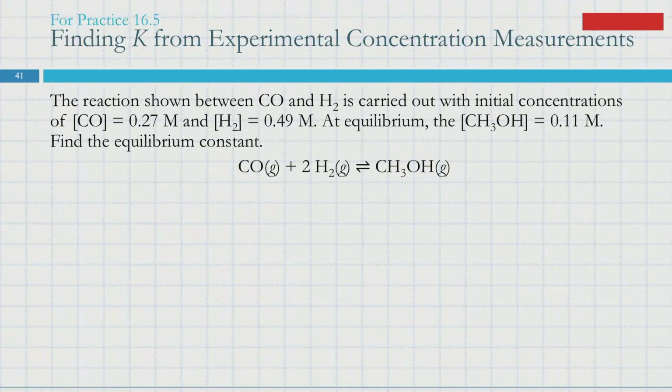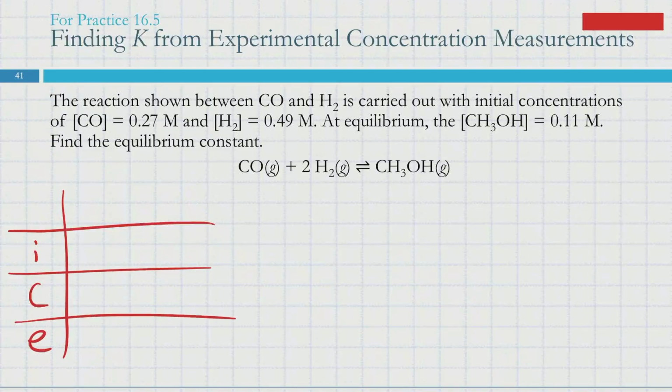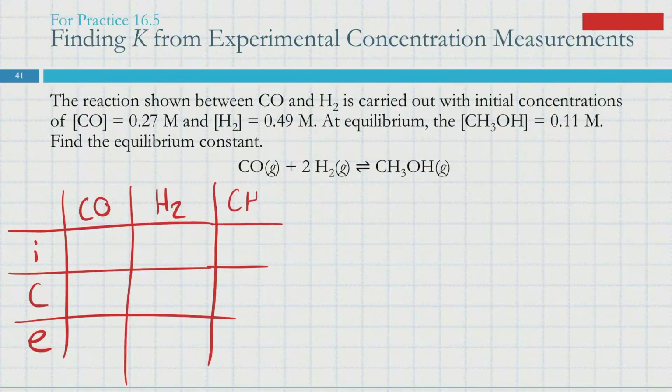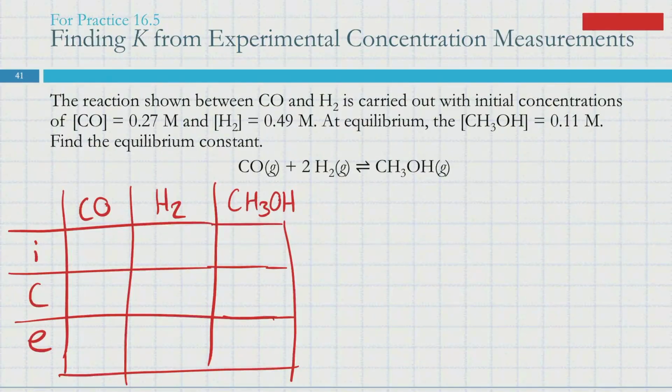So we have to set up initial, change, equilibrium, and we can put columns in for each of our chemicals that participate. Something like this. It doesn't have to be fancy. You don't even necessarily need to draw in the grid. I just thought it might be nice.